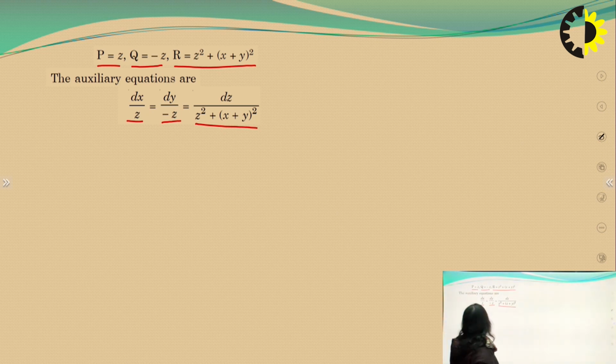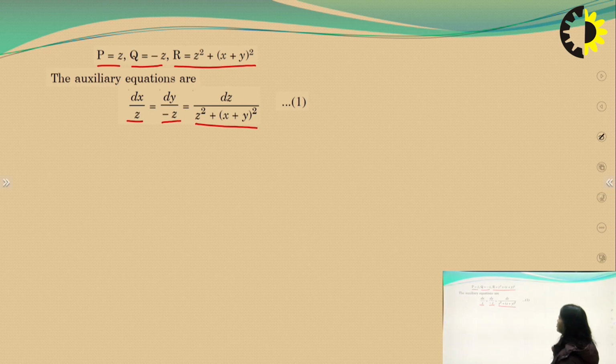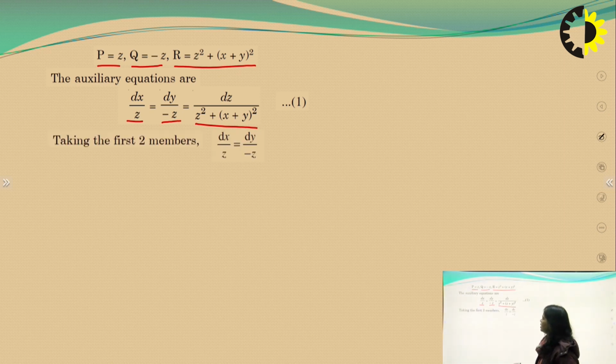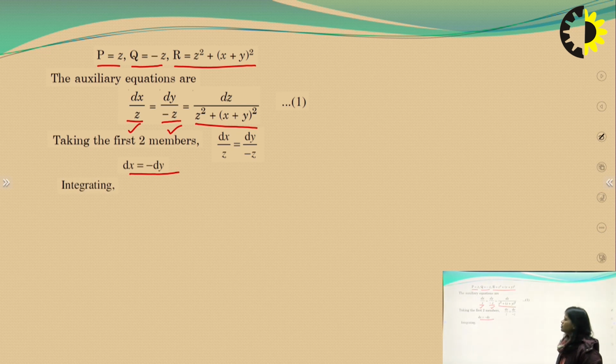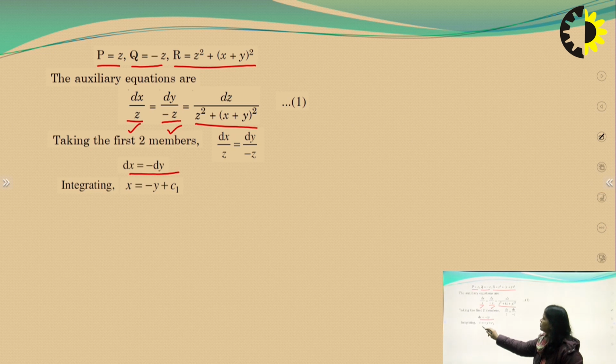Now, this is my first set of equations from which I'll take the first two members, that is dx upon z is equal to dy upon minus z. So when I consider this, I'm left with dx equal to minus dy. On integrating, I'll get x equal to minus y plus constant of integration.